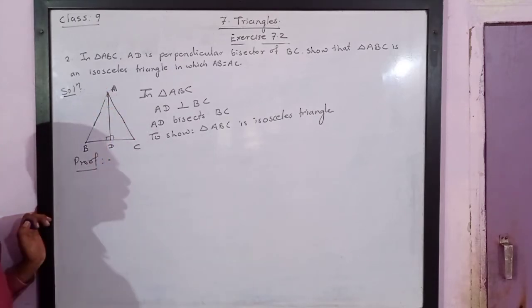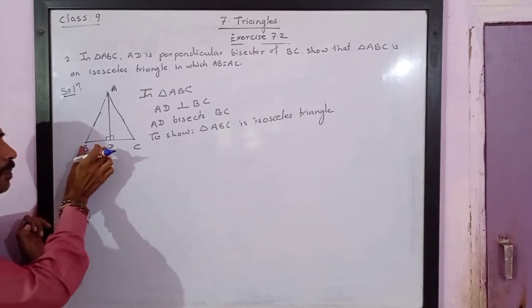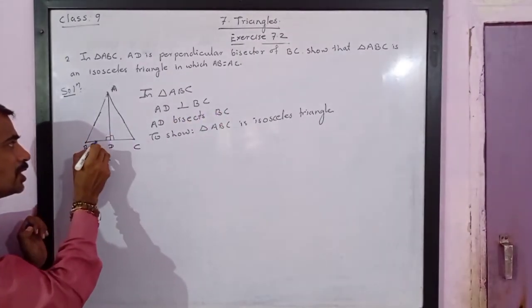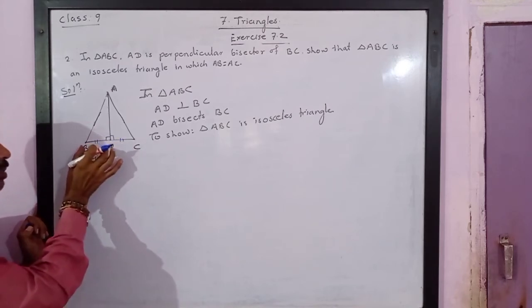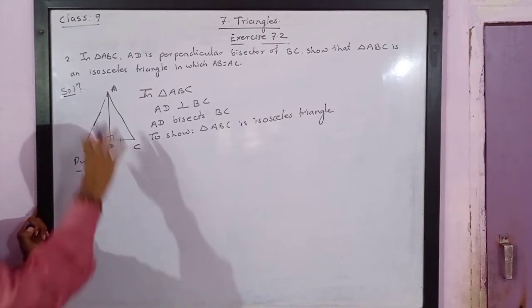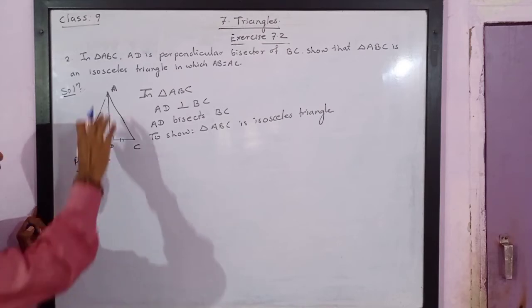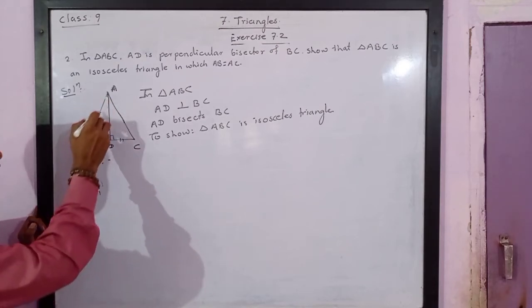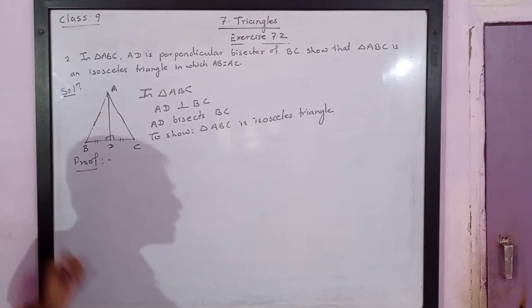Then AD is congruent to itself, common side. And BD is equal to CD because AD bisects BC. AD bisects BC means makes two equal parts. It means BD is equal to CD. AD is equal to itself, common side, and this angle is 90, so both are congruent to each other. It means these two triangles are congruent by SAS test.